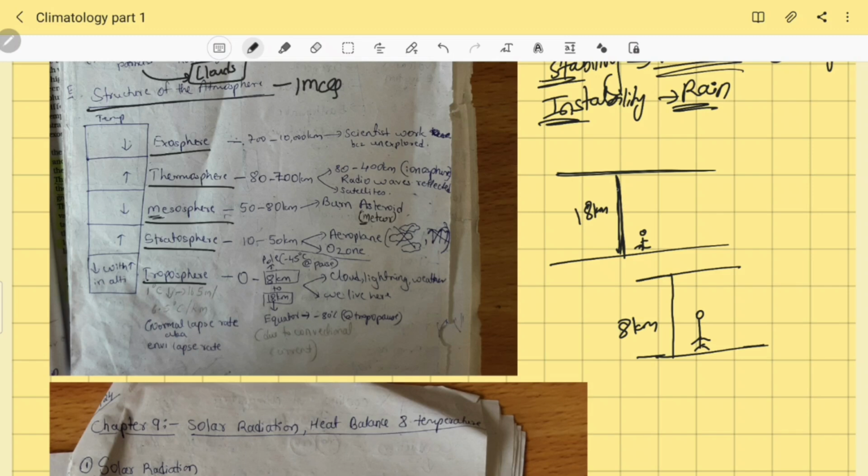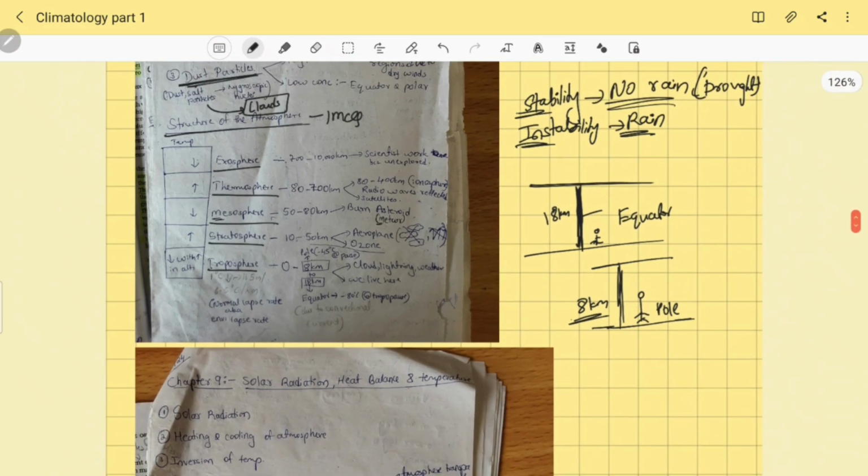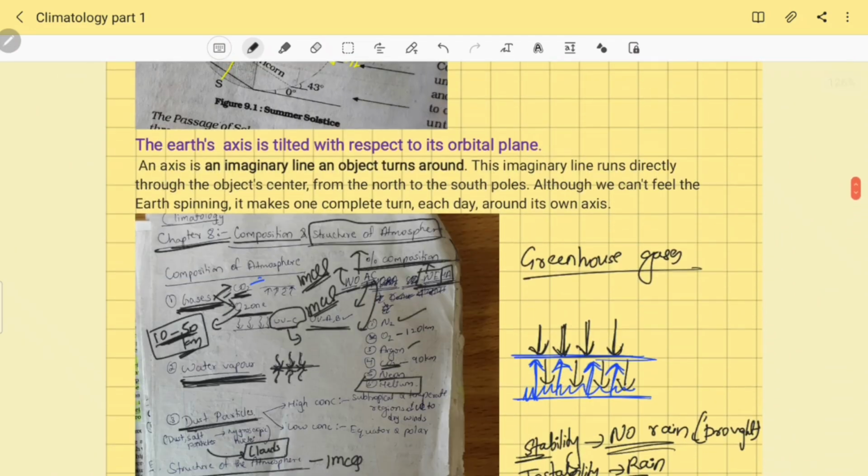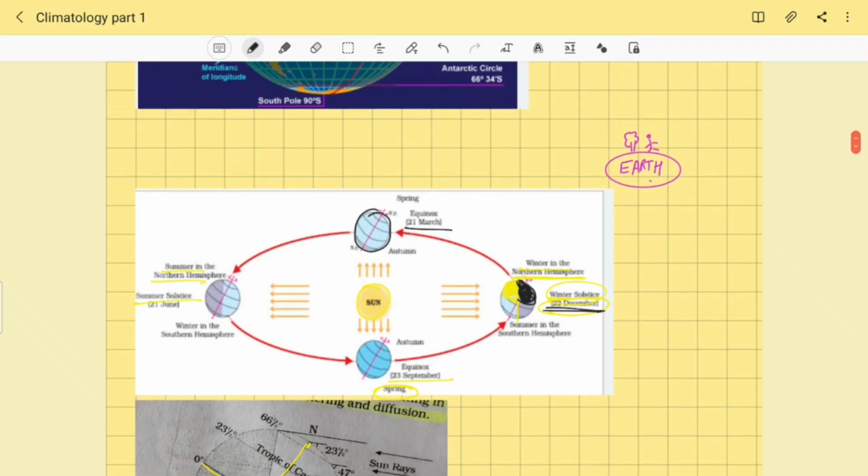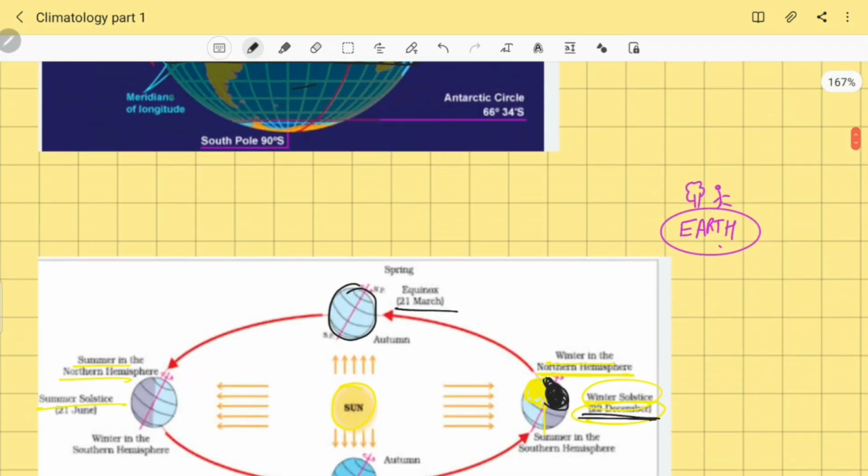Why is this difference? Near the equator, the troposphere extends till 18 kilometer, but near pole it extends just till 8 kilometer. This is due to the geoid shape of earth. So we know that earth is in this geoid shape, like this.